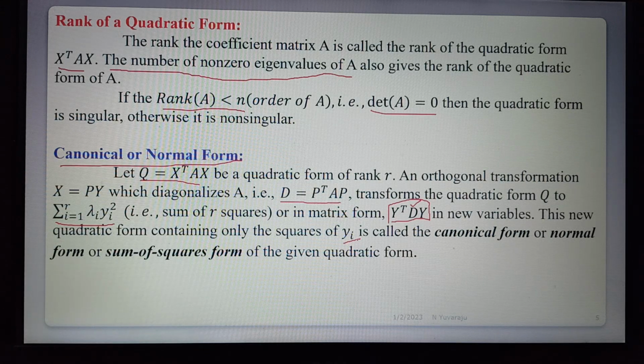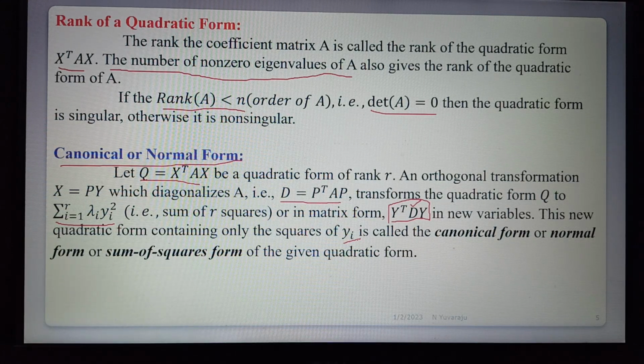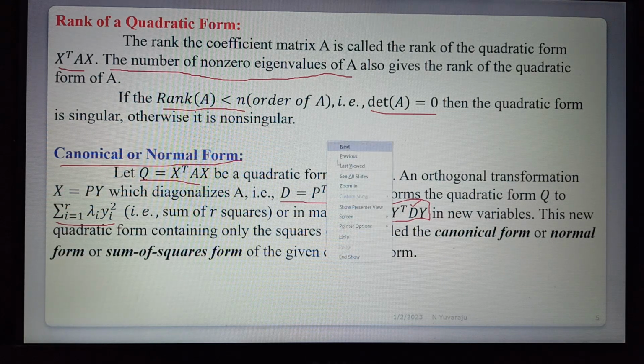That is called the canonical form, normal form, or sum of squares form of the given quadratic form. This is a new form only.